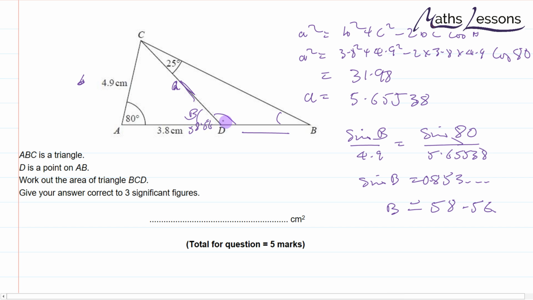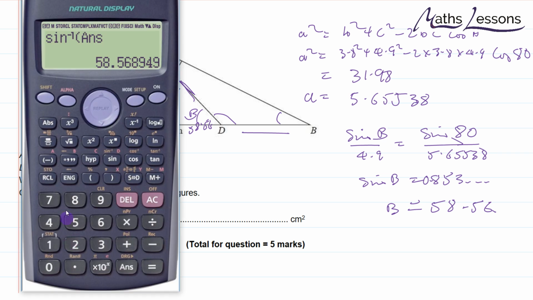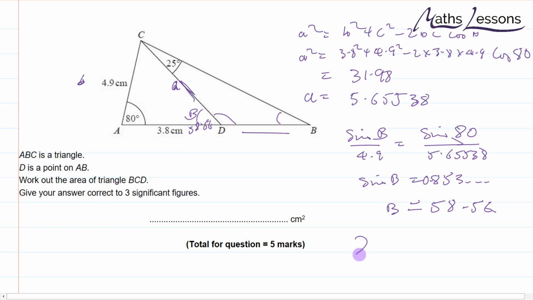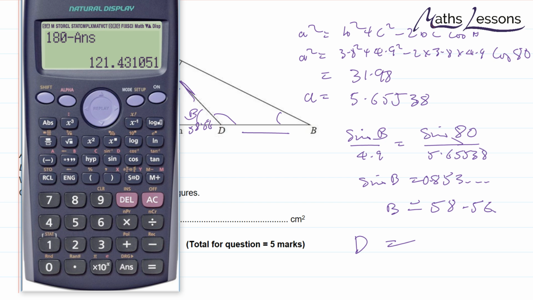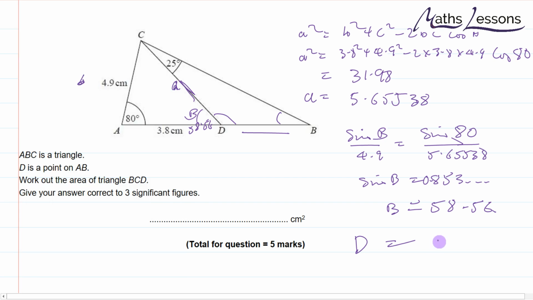So I know this is 58.56. Take it away from 180, I can get this value here. And then I can get this value by taking these two away from 180. So let's do that. I'm going to do 180 minus my answer, just to give myself all the decimal places. So this angle at D will equal 121.4.